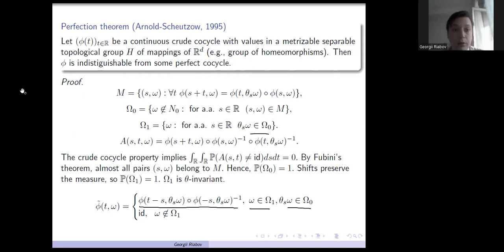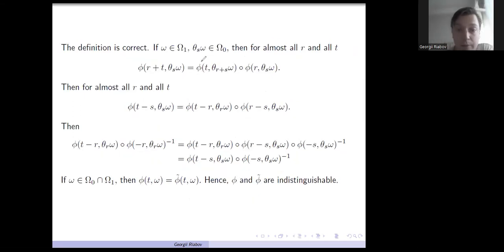Now, to check correctness of the definition, we take ω, and we take the shift that belongs to Ω0. The definition of the set Ω0 means that for almost all r and all t, we have the cocycle property for the shifted θs ω. Yes, so we have the cocycle property in this form.